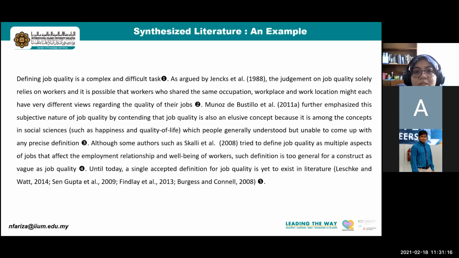Let me just let you read it first. Don't bother about the numbers just yet, that I put for all of the sentences. Just read the whole thing, and see whether you find it a much better paragraph compared to the previous one.